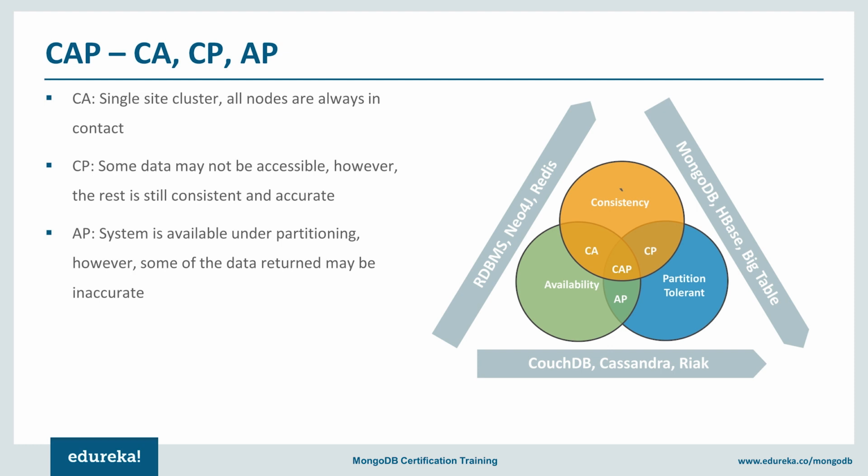But whatever data is retrieved, whatever is responded back with across the number of instances that we have, will always be consistent and accurate, because it supports the consistency and partitioning principle. And if we talk about availability and partitioning, it means that the system is primarily available in case of partitioning, but there's a possibility that we might have inaccuracy. There might be some inconsistency in the data that we responded back with, so there is a huge possibility around that area.